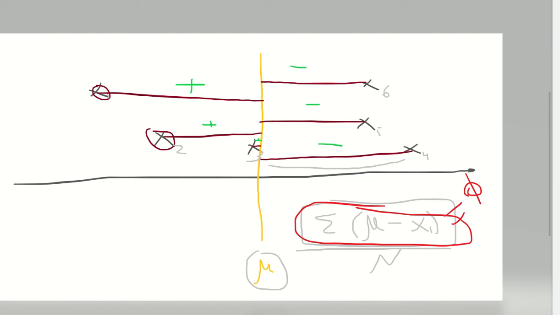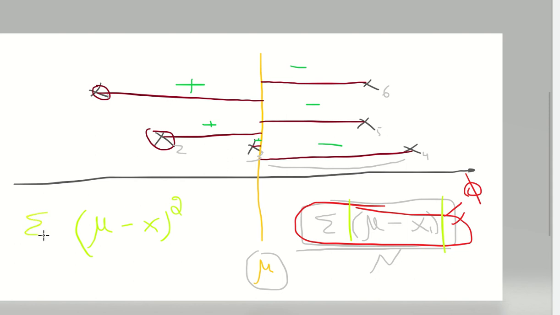Here, two suggestions usually emerge. One suggestion is to take the absolute value of the differences. That might be a solution, but it's not the better solution. The better solution actually is to take the square of that distance. So you take mu minus x, you square that, okay? By squaring, you got rid of the difference between the negative and the positive, so they're now all positive.